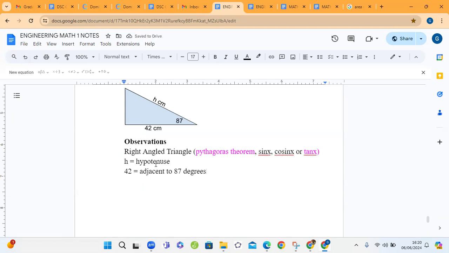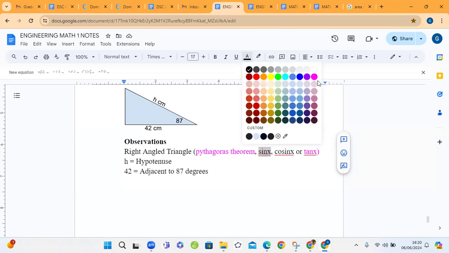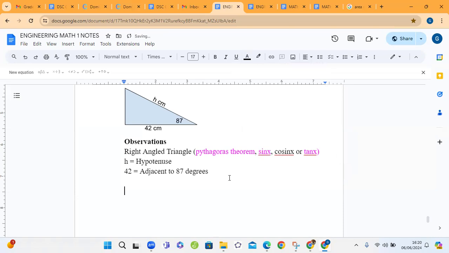So you are talking about the hypotenuse and the adjacent. So therefore, this is cosine. Cosine is the trigonometrical ratio that deals with hypotenuse and adjacent.